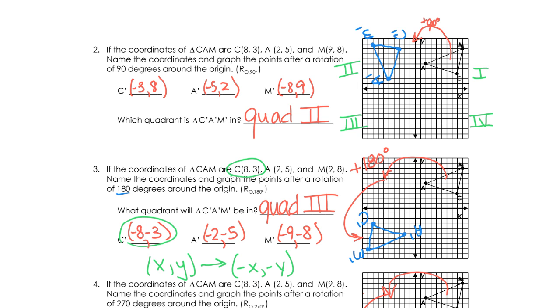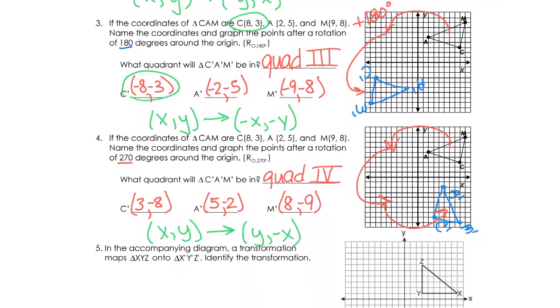If we go back and look at the 90-degree rotation and write the rule for that, you can see in this one that your y came into the first spot but became negative, and the x went into the second spot. So you can see why rotations are a little bit tricky: the rules for each one are a little bit different.